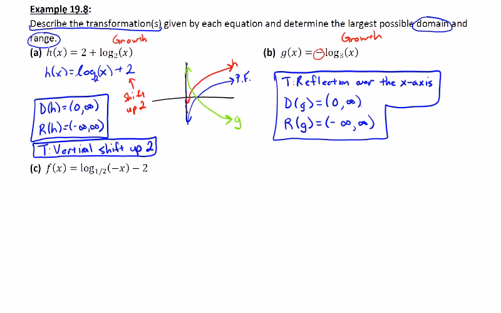And then finally for part C, we're looking at f of x equals log base 1/2 of negative x minus 2. So there are two transformations going on here, one of which is because of the -1 multiplier with the x, and the other is because of the -2 here at the end of the statement. So as far as the transformations are concerned, I'm going to have to list those as two steps.